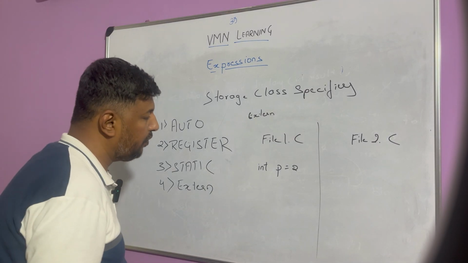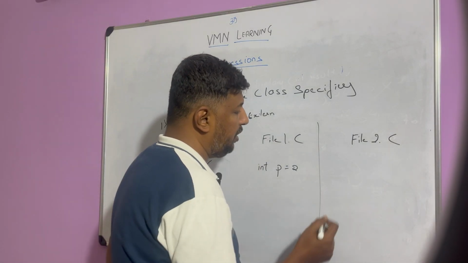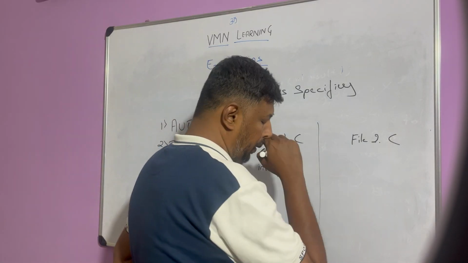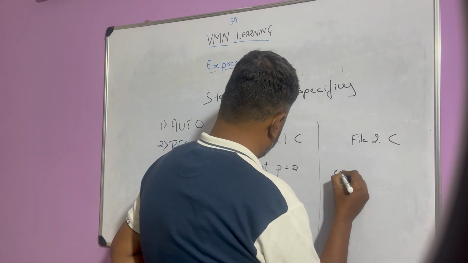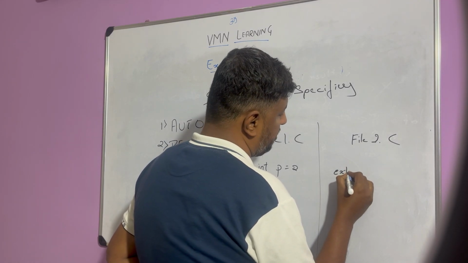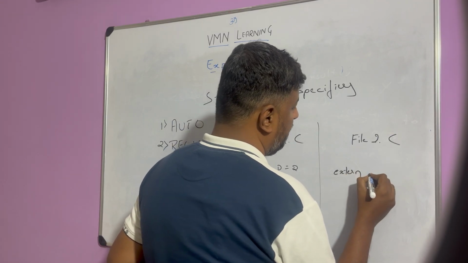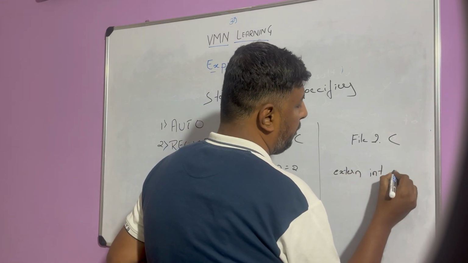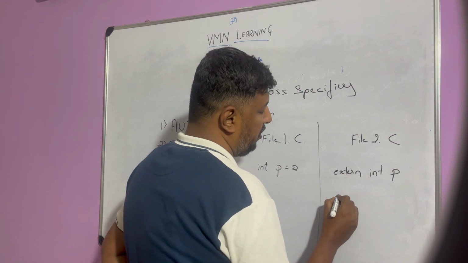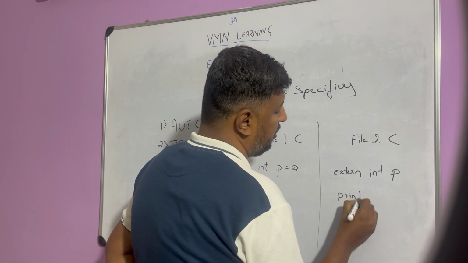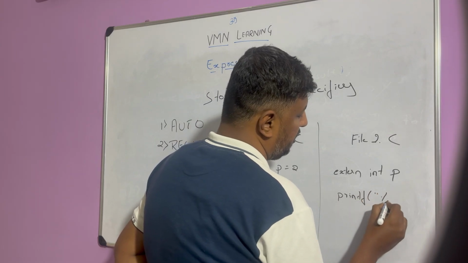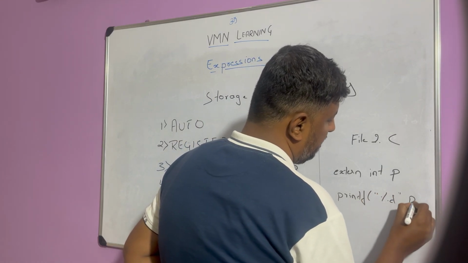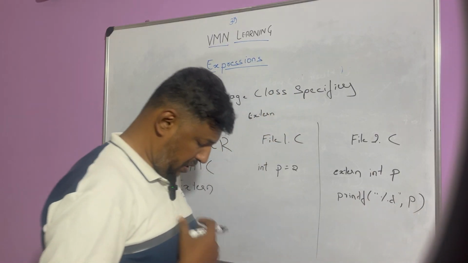If I want to access this value p in the other file, here I will write extern int p. If I print it here, I will be able to print it.